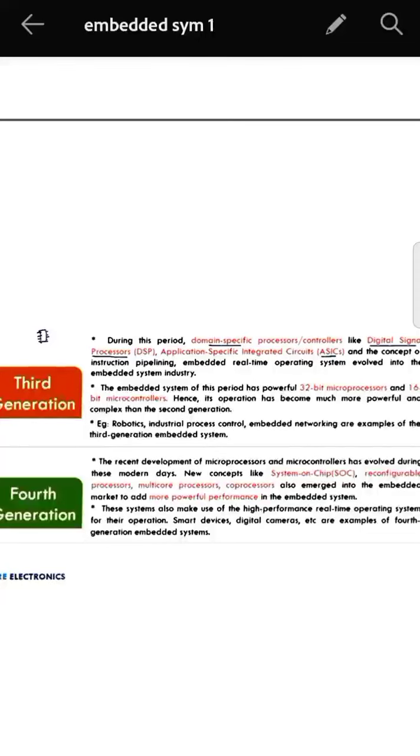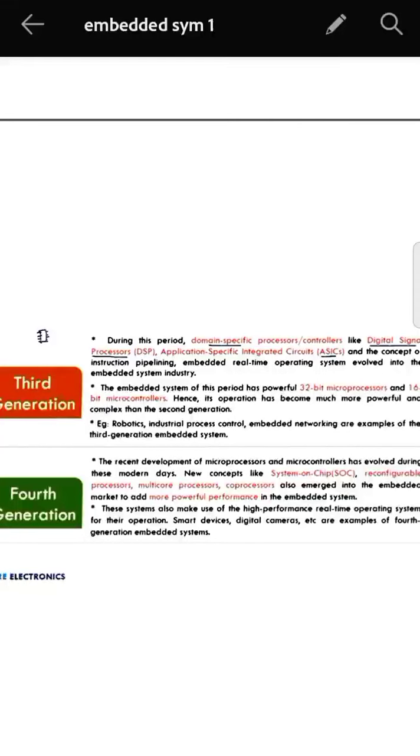New concepts like system on chip, that is SoC, system on chip, and other multi-core processors are also used in this fourth generation, along with microprocessors and microcontrollers.